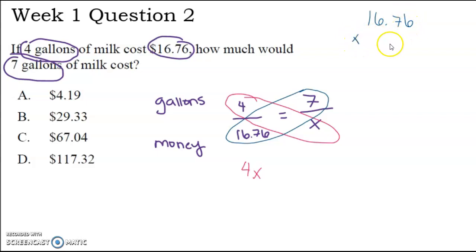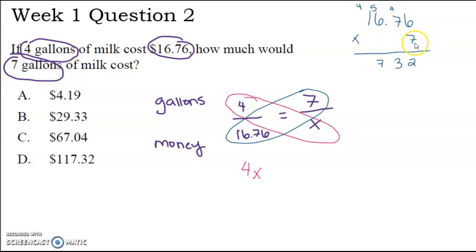16.76 times 7. The 7 does not need to be underneath the whole number, because when we're multiplying decimals, you don't have to line them up. I know it's a lot of rules. 7 times 6 is 42, so put the 2 down here and carry the 4. 7 times 7 is 49, plus 3 more is 53. 7 times 6 is 42, plus 5 more is 47.